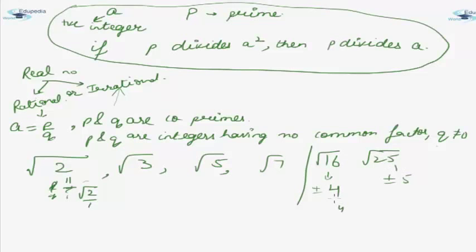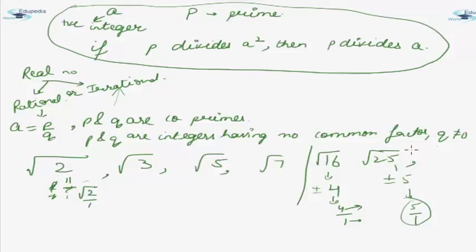That is, one number will be 4 over 1, or here one number will be 5 over 1, other will also be minus 5 by 1. Clearly p and q, the numerator and denominator, are integers and they have no common factors. No doubt 1 can be a common factor, but no other common factor. Similarly is the case with this number.